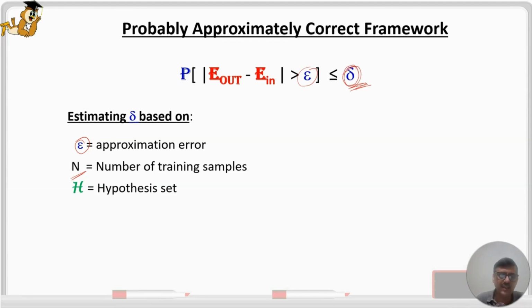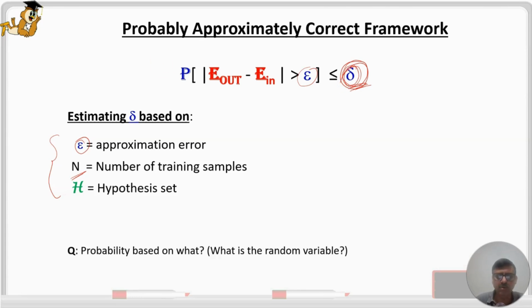So we imagine that delta would be based on these parameters, and the rest of the lecture is going to focus on finding out what delta is. Okay, so that is what the rest of the lecture is going to be about.